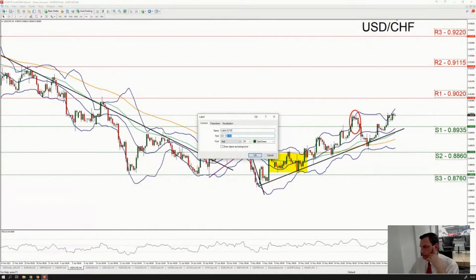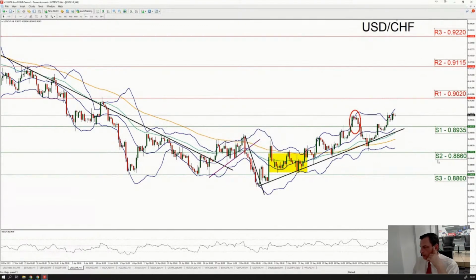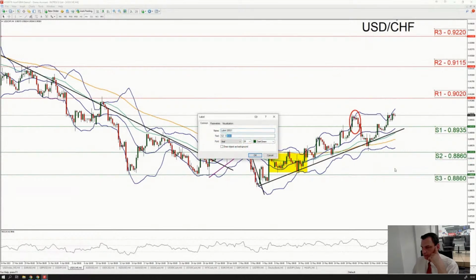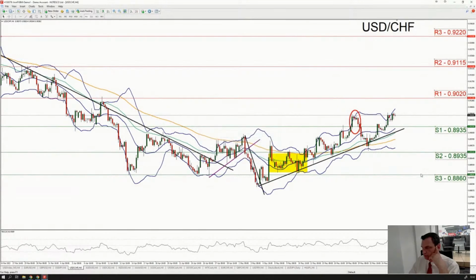Starting with the S3, which is being placed at 0.8860. The S2 at 0.8935. The S1 at 0.9020.